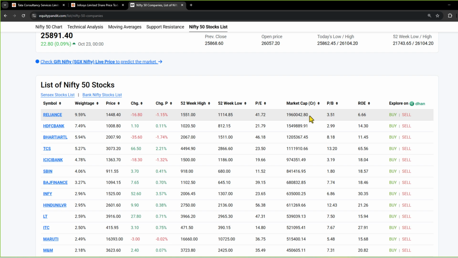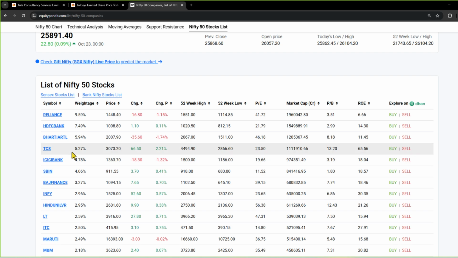Next is HDFC Bank. All right. Now, what are these weightages? I'm going to keep it simple and tell you in an easy way. If, for example, say 1, 2, 3, 4, and 5, if these 5 stocks are falling on any particular day, then you can assume that Nifty is falling.